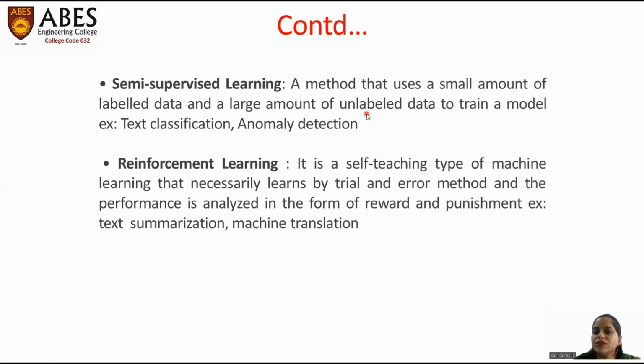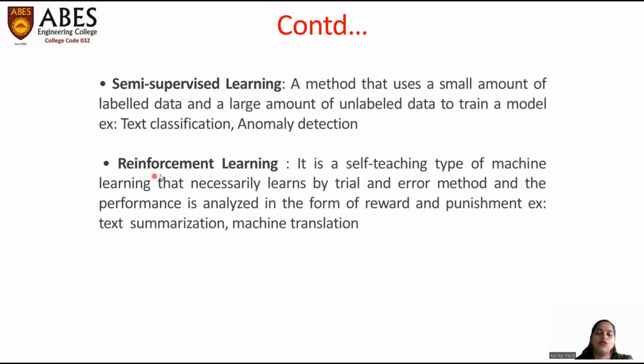But unlabeled means scattered data which does not have any value. So in semi-supervised learning, we take a small percentage of labeled data and a large percentage of unlabeled data to train a particular model. That's why it is known as semi-supervised, not completely supervised. The example techniques are text classification and anomaly detection. This is a rarely used type of learning technique in machine learning areas.